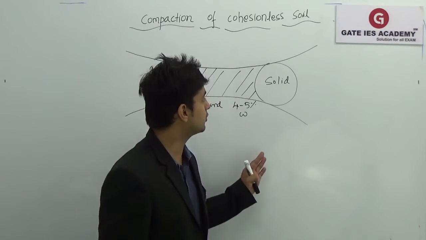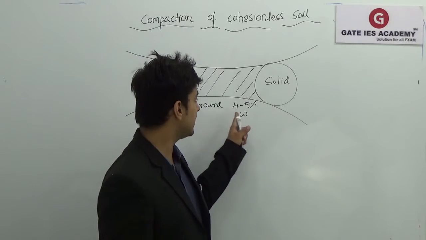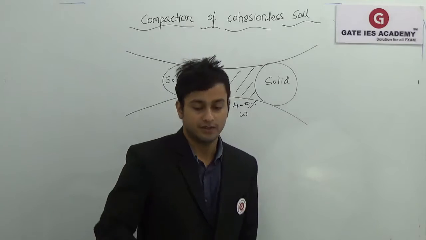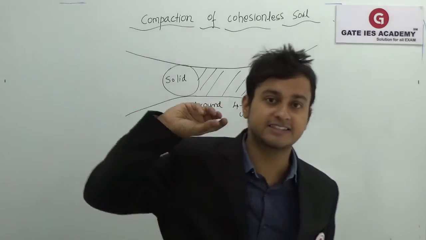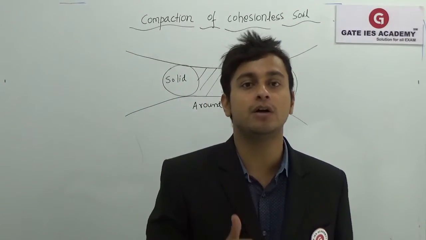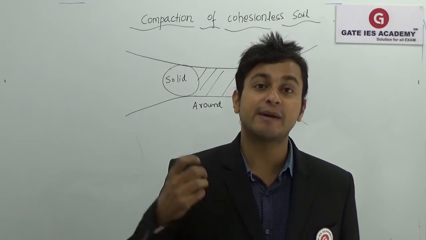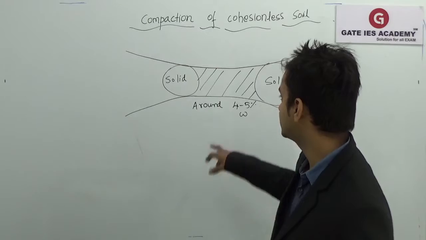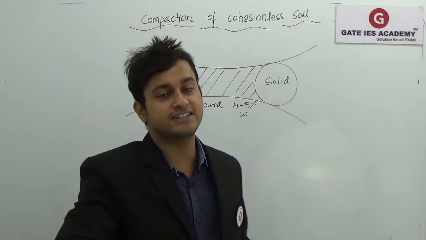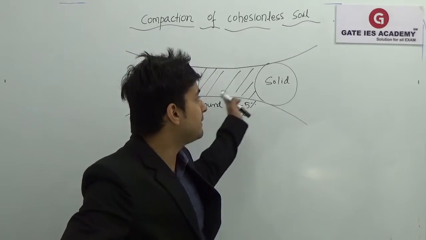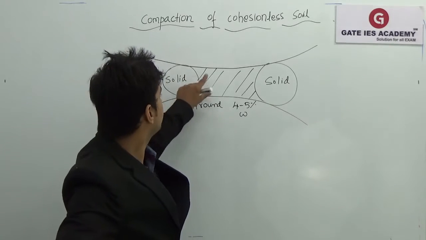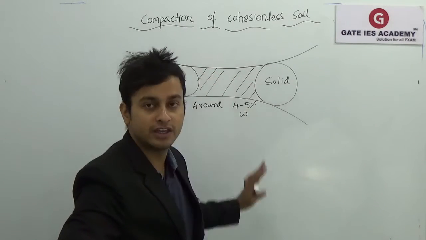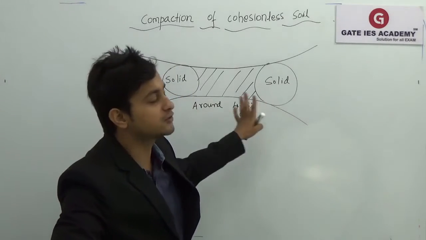What happens in cohesionless soil is that at approximately 4 to 5% moisture content, there is just the exact amount of water in the system that creates a capillary tension, and therefore surface tension phenomenon takes place. Due to capillary action, a film of water is created between two particles of soil solids.